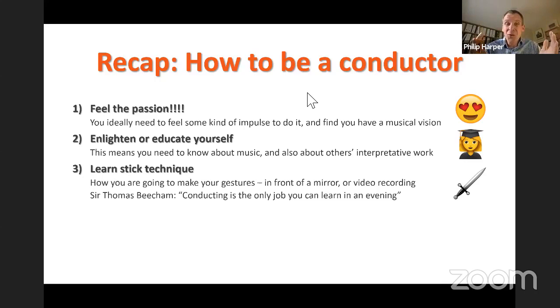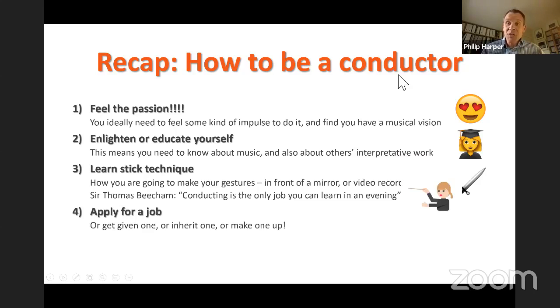And that's pretty much all you need to be able physically to do as a conductor. And so if you look at it simply in terms of baton technique or stick technique, it's really straightforward. And he reckoned it's the only job you can actually learn in an evening. I think he's been a little bit flippant there, but you get the idea.